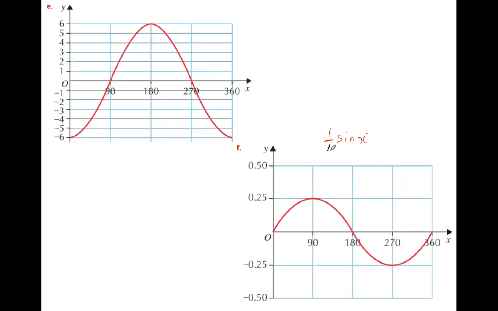You can put 0.25, but a better mathematician would put it as a fraction. And that's you, y equals a quarter of sine x. So it's got the sine wave and an amplitude of 0.25. You would get the same mark if you had written 0.25 sine x.